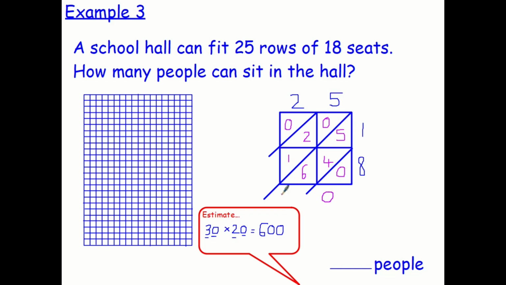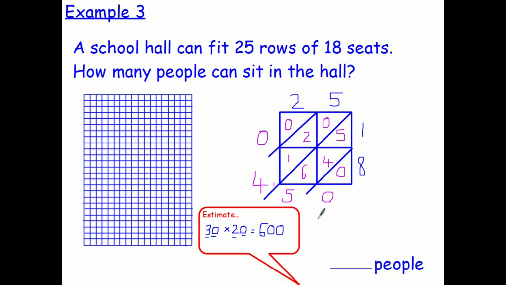Along this diagonal, 6 plus 4 plus 5 is 15, so 5 and then carry 1. I'm just going to put a tiny little 1 so it doesn't get confused. Add along this diagonal, I've got 0 plus 2 plus 1 plus 1, which is 4. I'm going to put the 4 quite big because I don't want to get confused with that little 1 there. And then there's just nothing there, so 0.